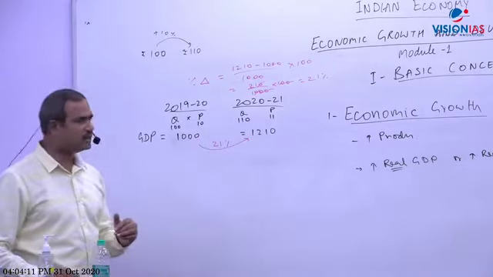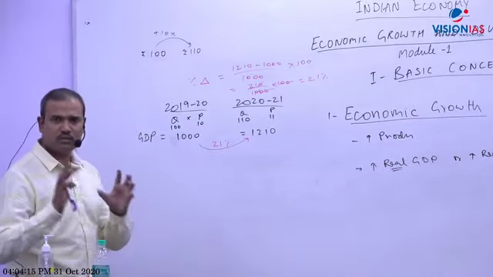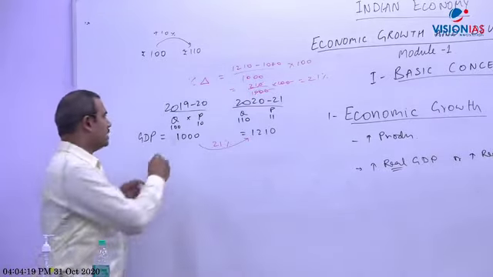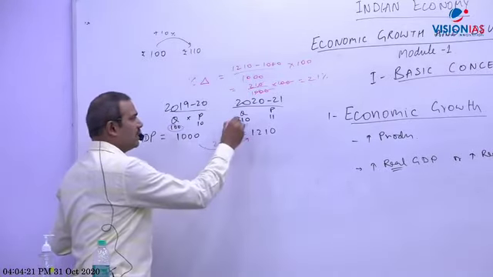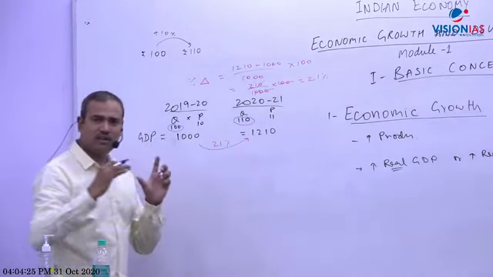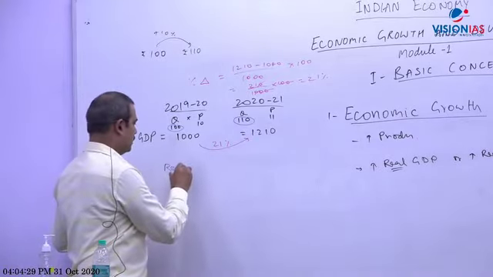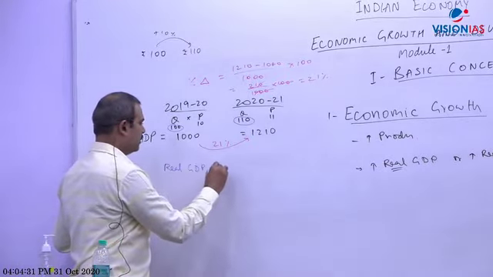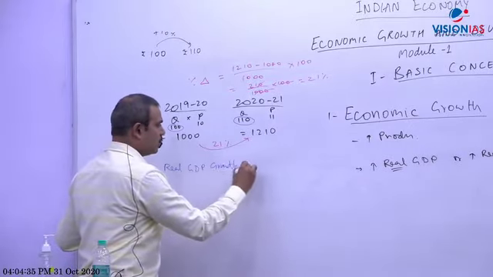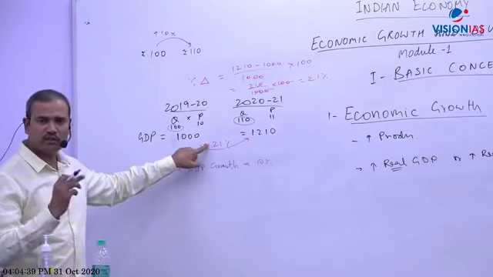Most of you must have given 10%. Why? Because actual growth is based on production. Last year we produced 100 goods, now 110. So real growth must be 10%. Real GDP growth is 10%. And this 21% is nominal growth.